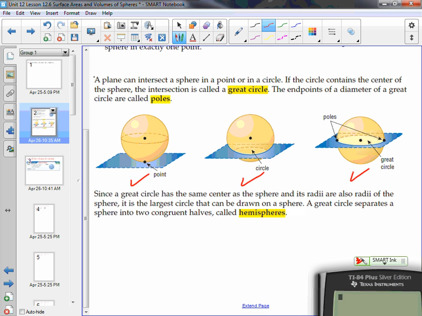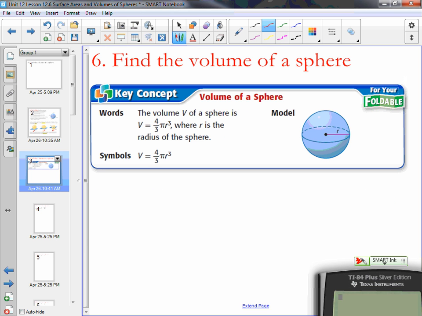All right. Now we're ready to find the volume. The volume of a sphere is both very simple and a little bit ugly. It's very simple in that there's only one measurement that matters, and it's the radius. It's a little bit ugly because it's got that 4/3 and a pi in it.